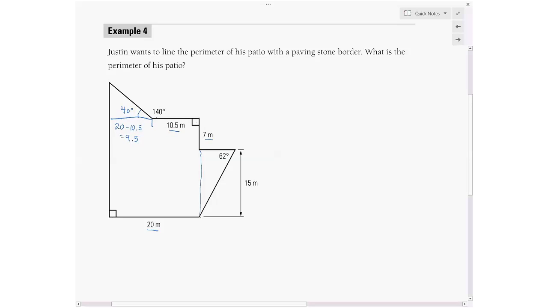Now let's look at this triangle. This over here is the hypotenuse. This is making up the angle with the hypotenuse, so this is the adjacent. So I'm going to have to use cosine. Let's call this x over here.